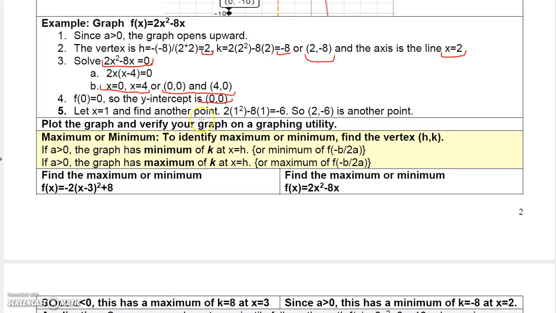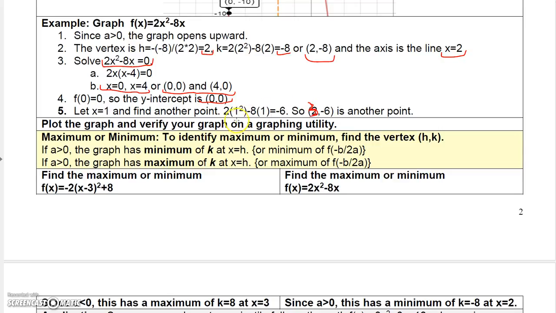And if you want another point, you could try 1, since 1 is just to the left of the vertex, then whatever you get for 1 is going to be the same number you're going to get just to the right of the vertex, which this should actually say 3, not 2.